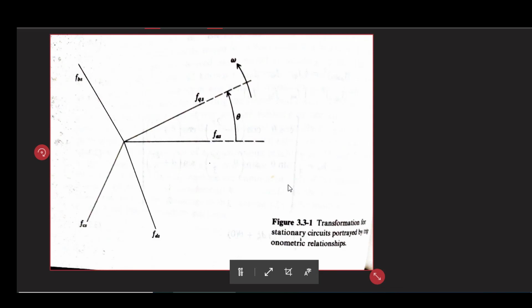This FAS, FBS, FCS, all these are instantaneous values, and we can even say that this diagram is not a phasor diagram, and we should not try to relate it with the phasor diagram. It simply depicts the relationship of our arbitrary rotating reference frame. Now that rotating reference frame, you can rotate it at synchronous speed, that is your discretion.